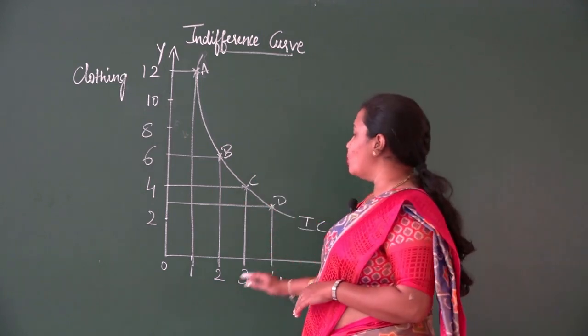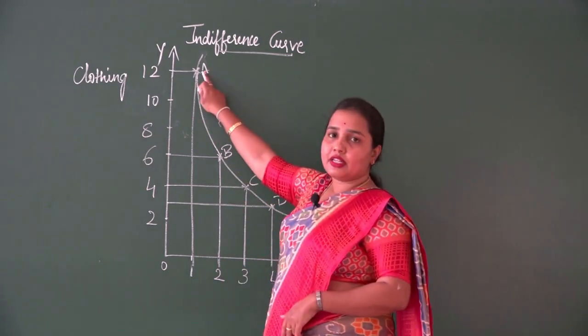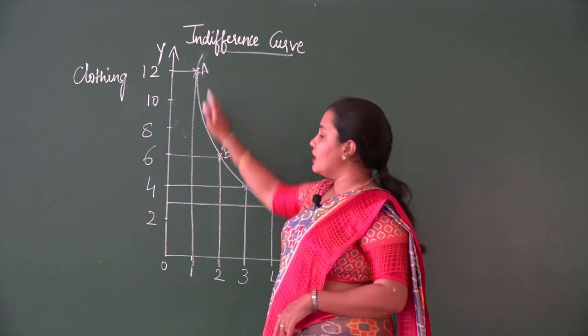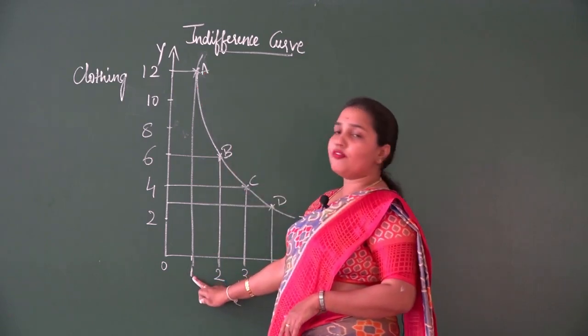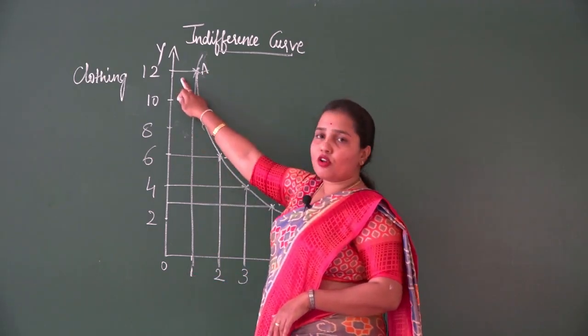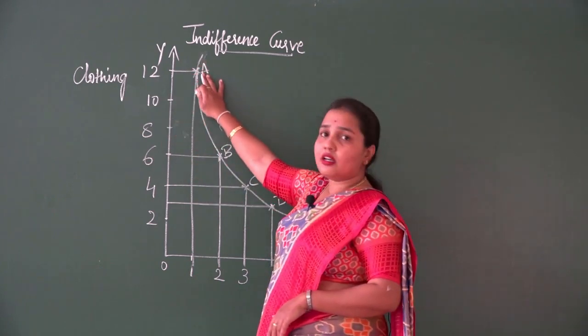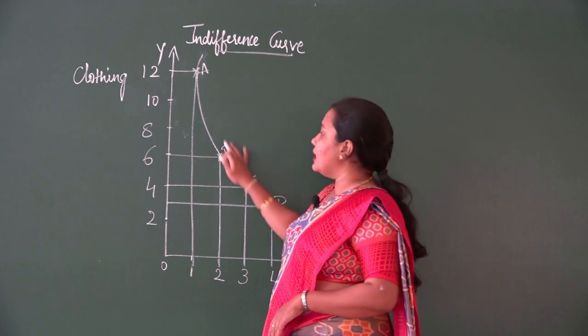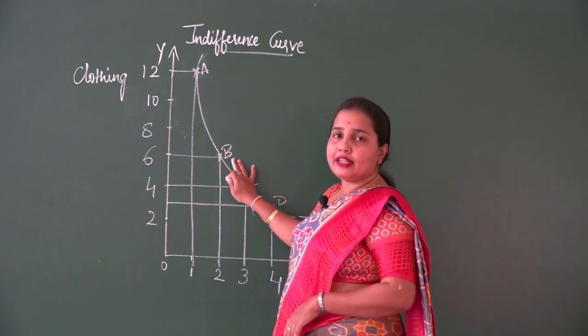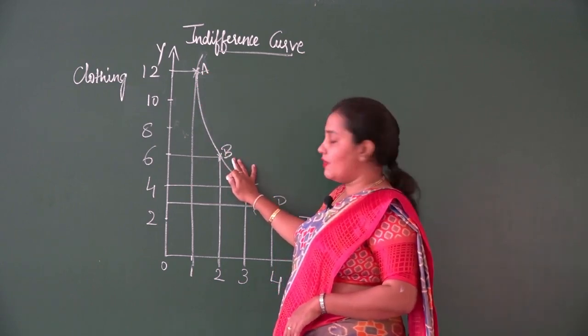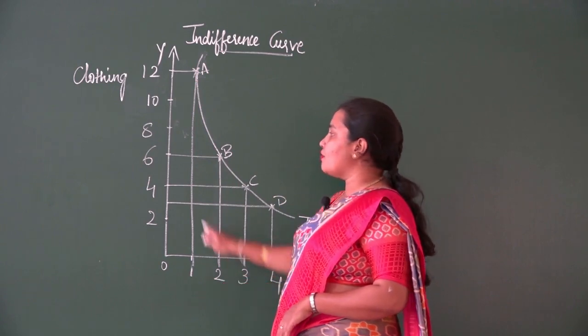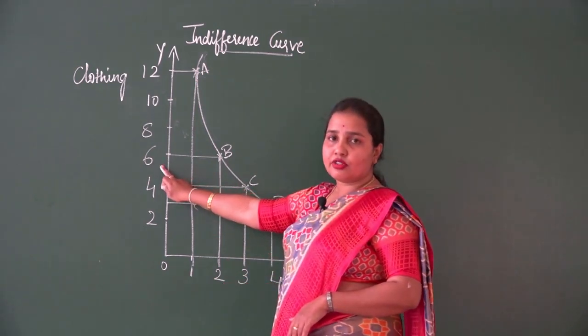If we look into the first combination, combination A, when he gets 1 unit of food and 12 units of clothing, the utility derived from this combination will be equal to the utility derived in combination B when he consumes 2 units of food and 6 units of clothing.